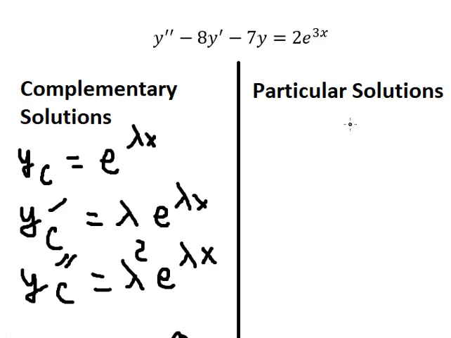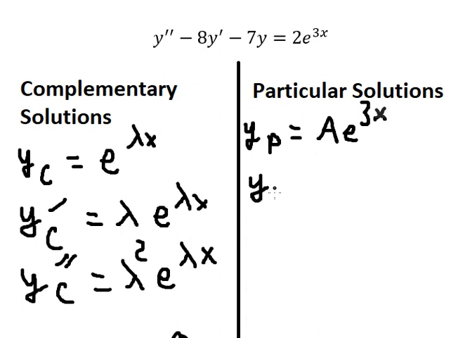Next, about particular solutions, we have e to the power of 3s. So I will put yb equals A e to the power of 3s.